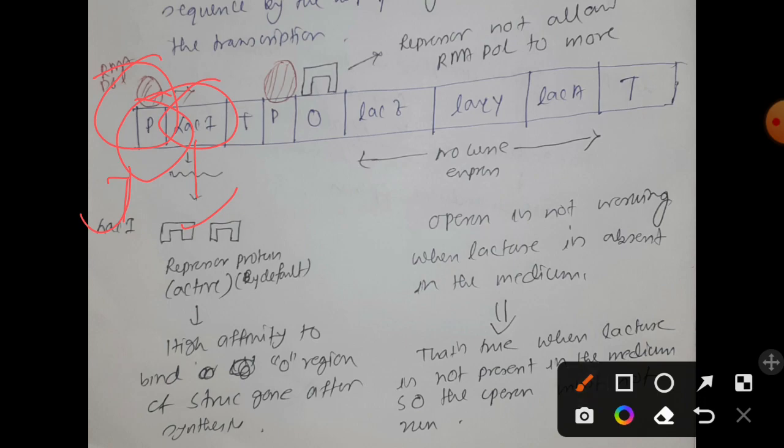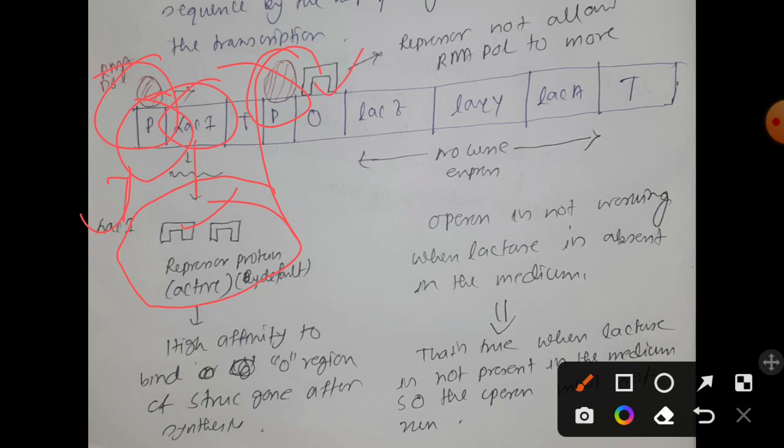Okay, concomitantly the RNA polymerase will also find the promoter of the structural part. But there is a problem that I am going to discuss. So LAC-I's expression will give us the repressor protein, which is by default an active protein. As it is an active protein, it has affinity to bind with the operator of the structural gene.